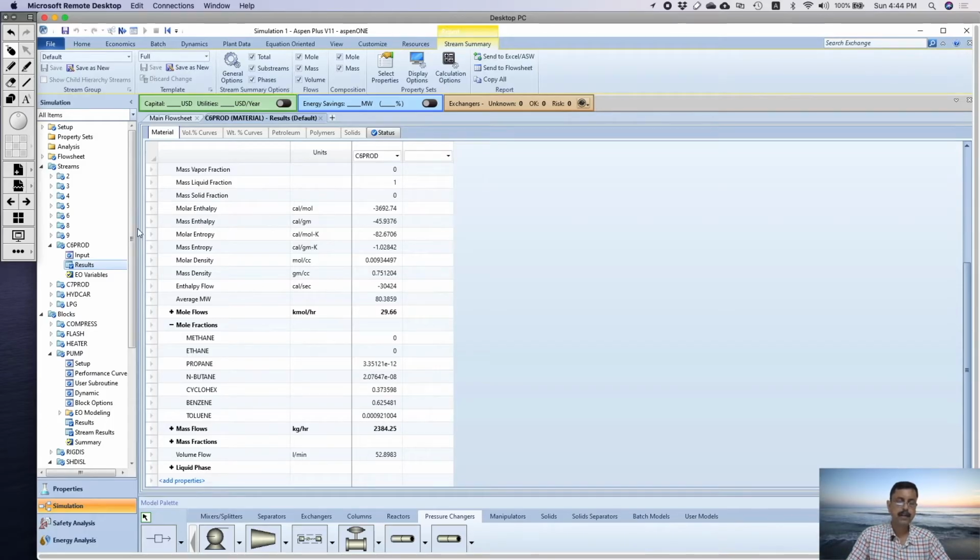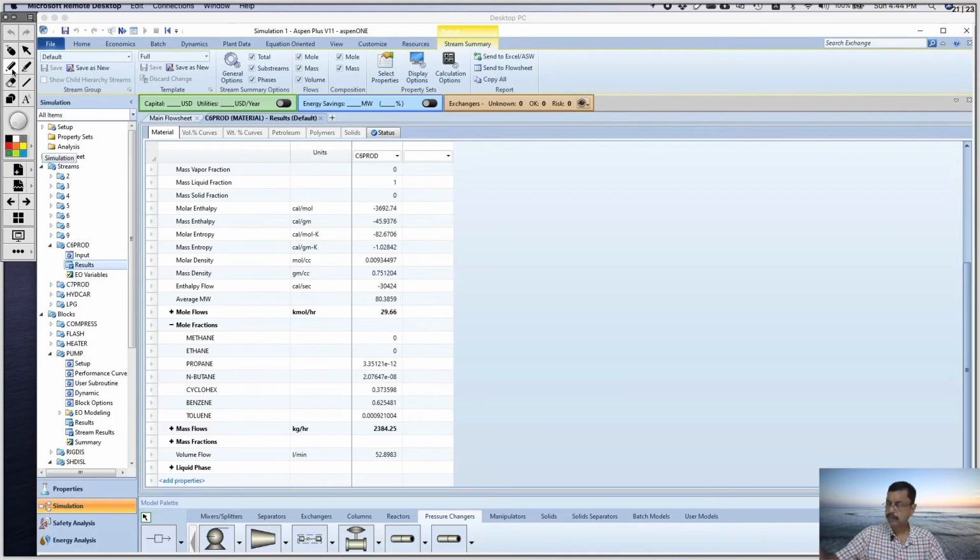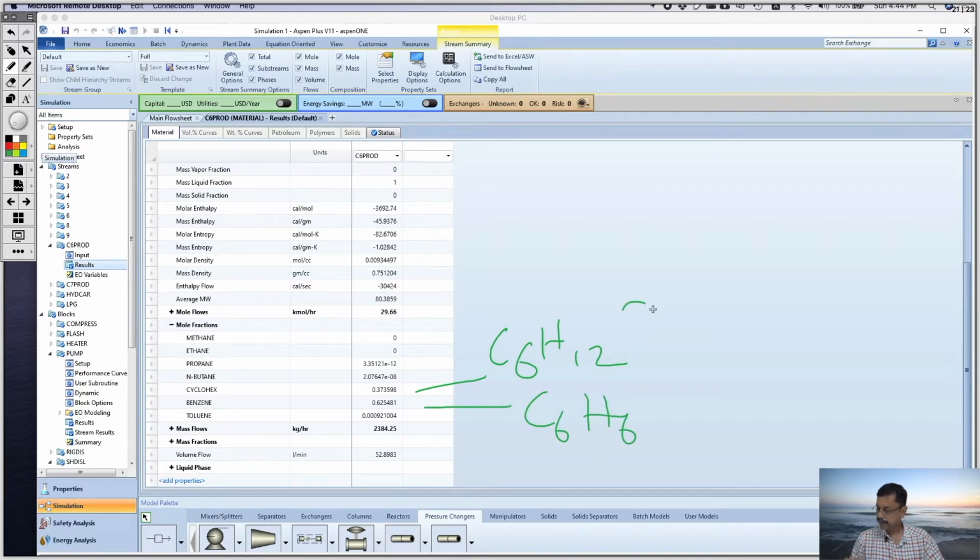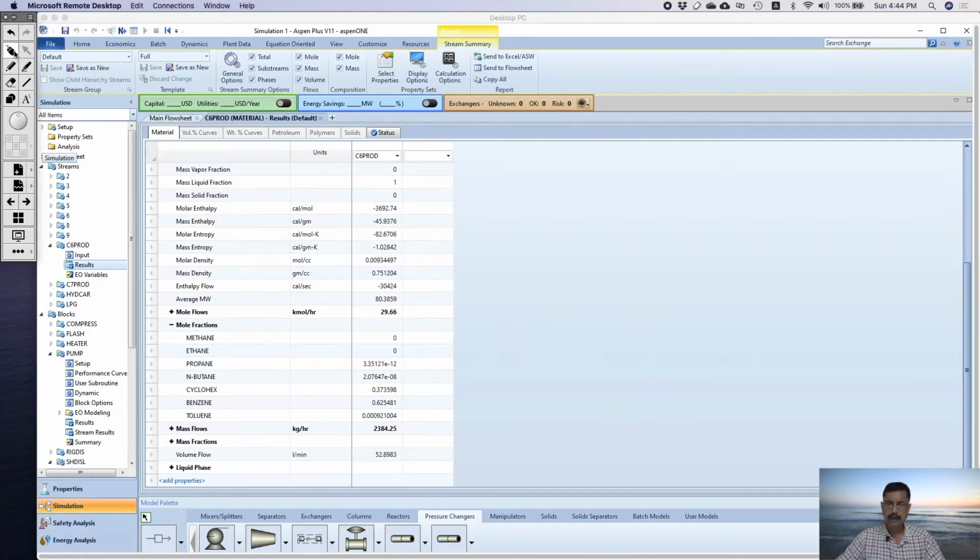So you can understand how it is, because cyclohexane is C6H12 and benzene is C6H6. That's how you have your C6 product.